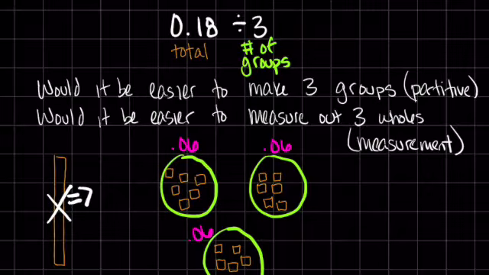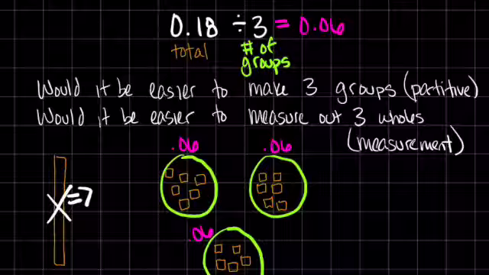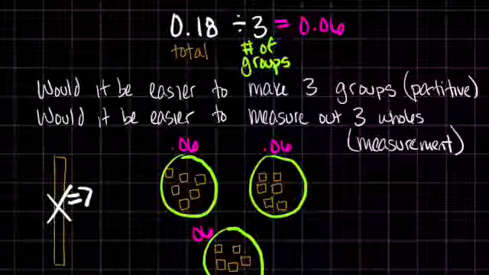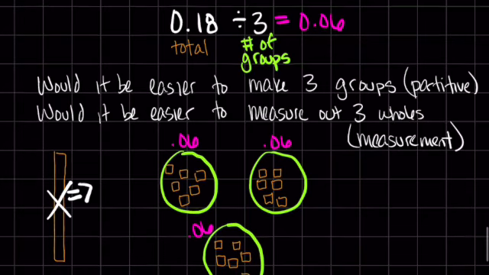So every group has 6 units or 6 hundredths, and the answer to this would be 0 and 6 hundredths. When we are dividing by a whole number, it is easiest to use partitive division because I can make a whole number of groups.